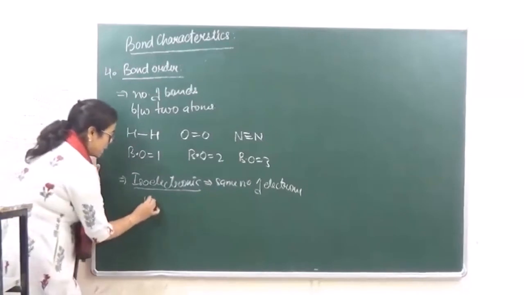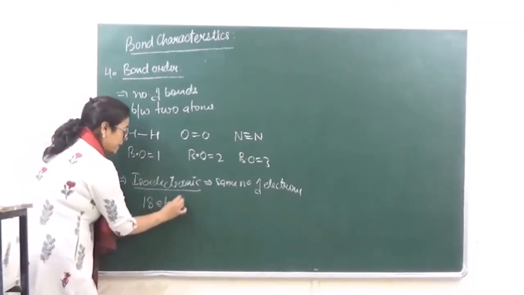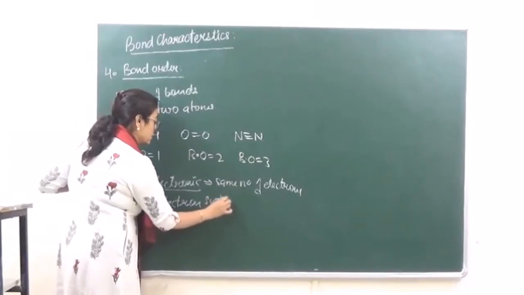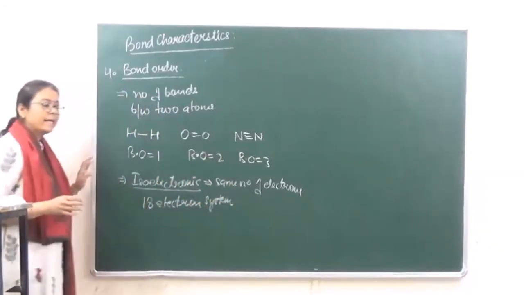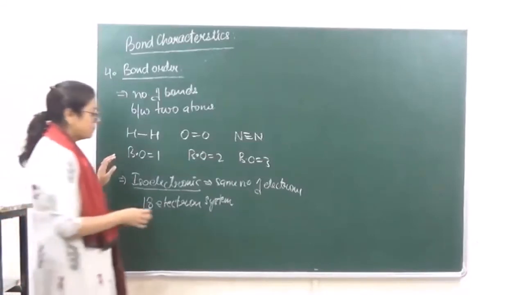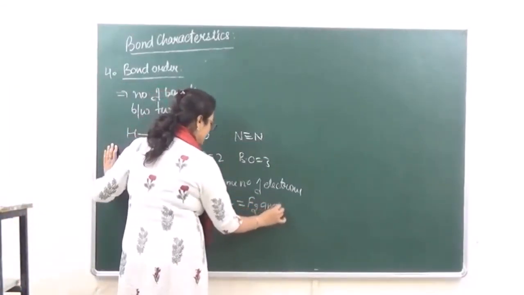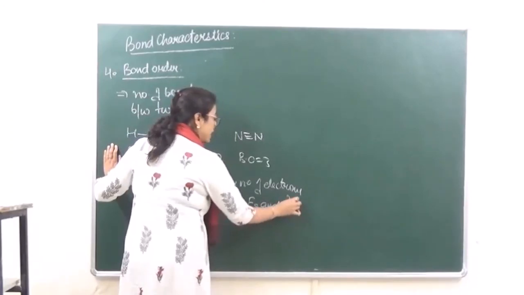For example, if we are taking any 18 electron system, like for example, we have fluorine and O2 2 negative.